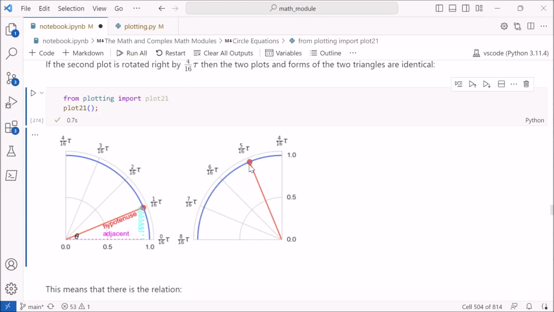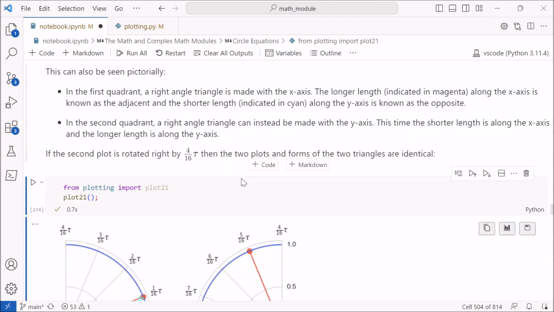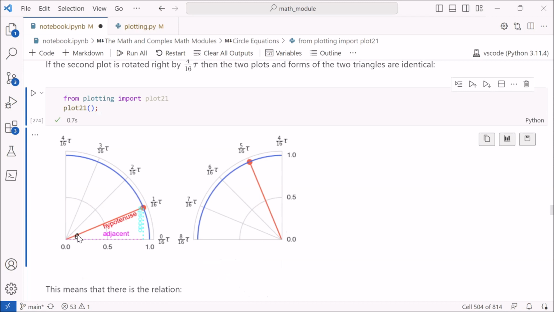And if we have a look at this pictorially, if you are going from the x-axis, you've got this triangle. If instead you were going from the y-axis, you would have this triangle. But notice that the angle here and the angle here are going to be the same. And therefore the length here and that length are going to be the same, and this length too.